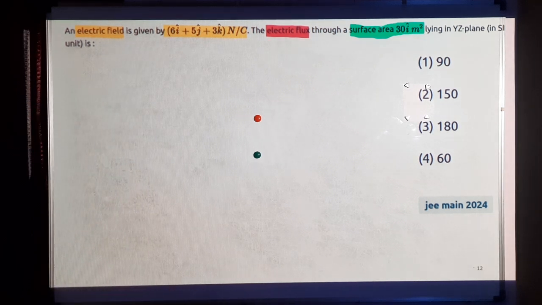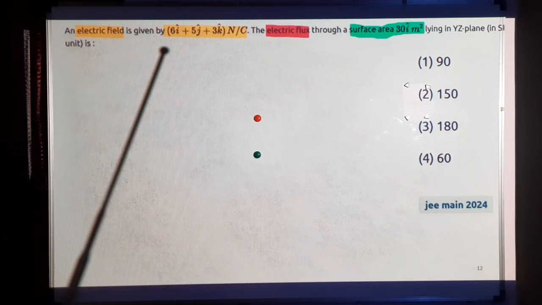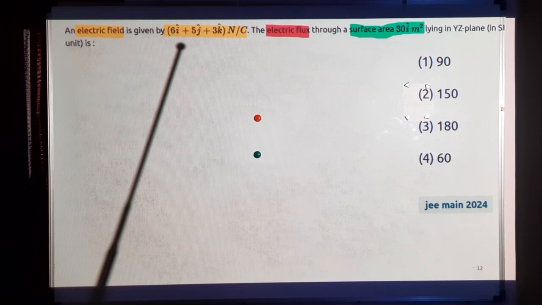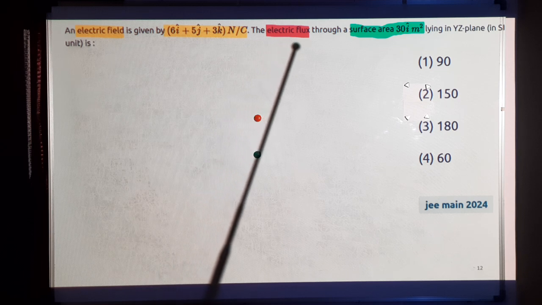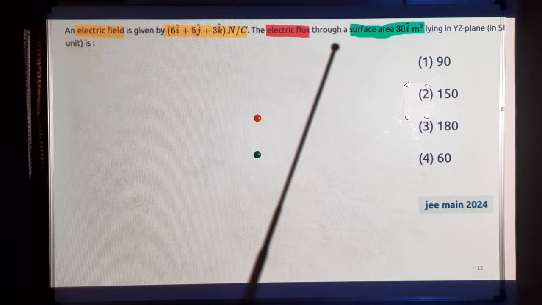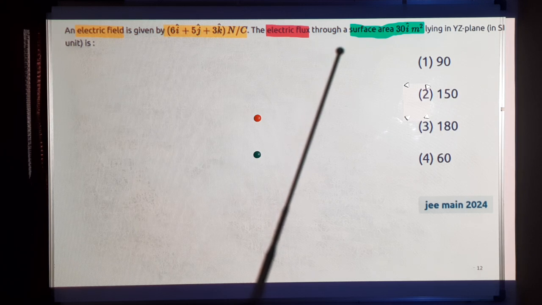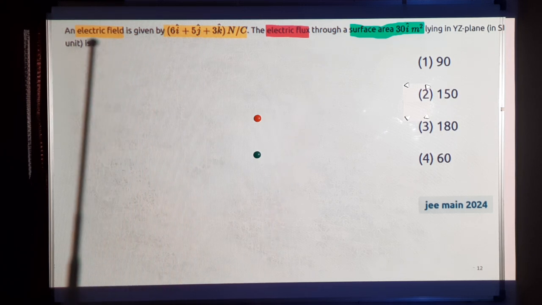Next question. An electric field is given by 6I cap plus 5J cap plus 3K cap Newton per coulomb. The electric flux through a surface area 30I cap meter square lying in YZ plane in SI unit is.